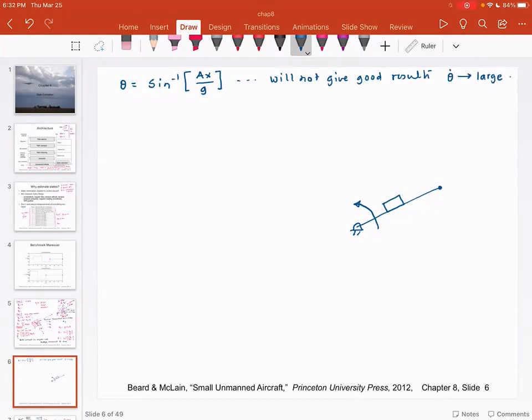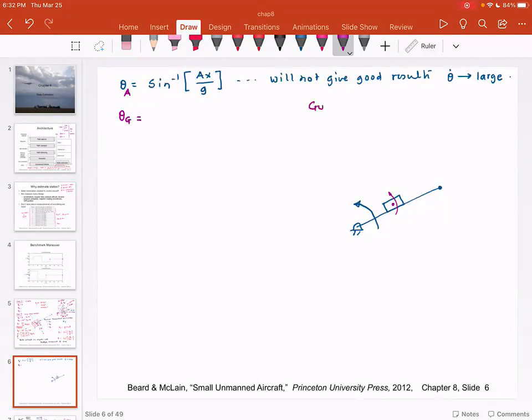However, at that point, I see that I have a gyroscope, and this gyroscope is able to give me rotation rate around this axis. So this is the theta measured from the accelerometer. Now what I can do is measure the theta from the gyroscope.